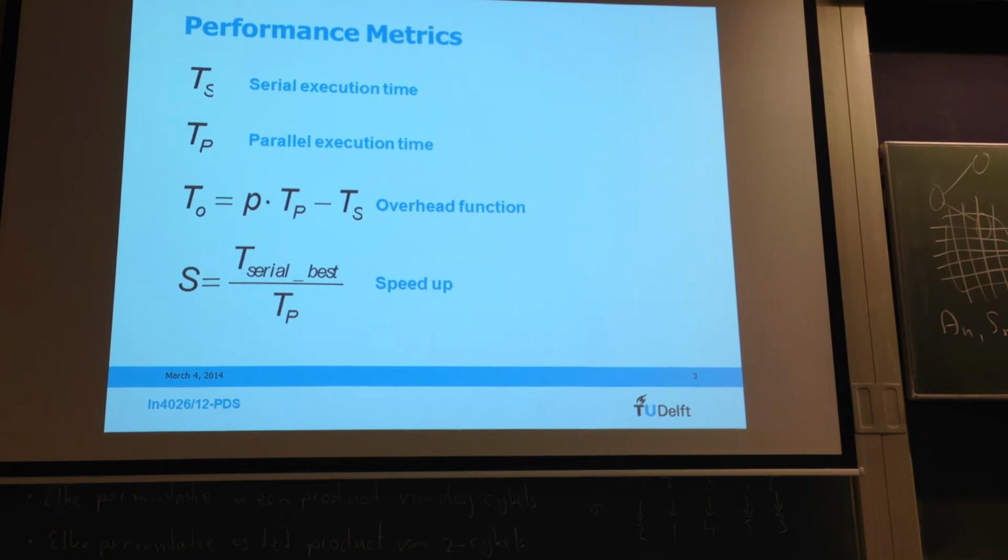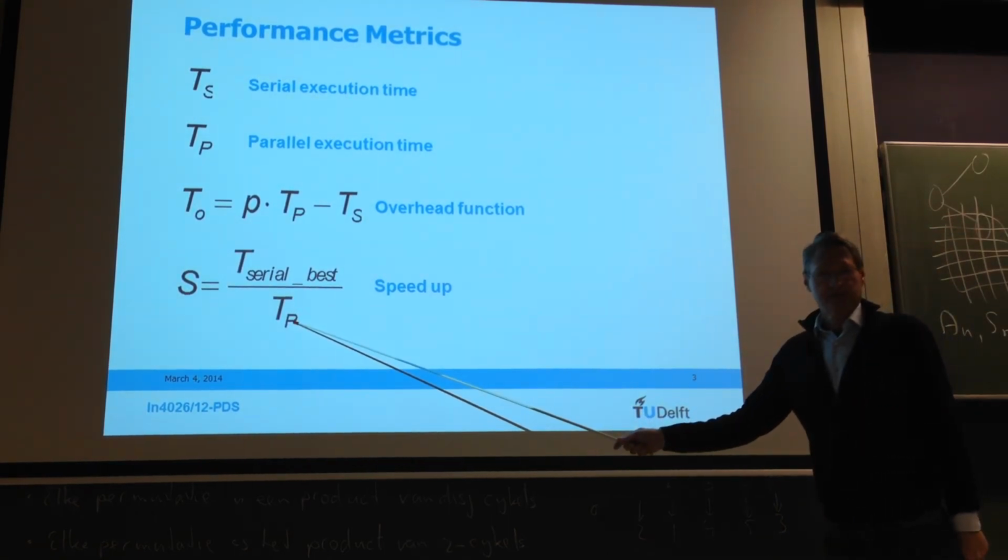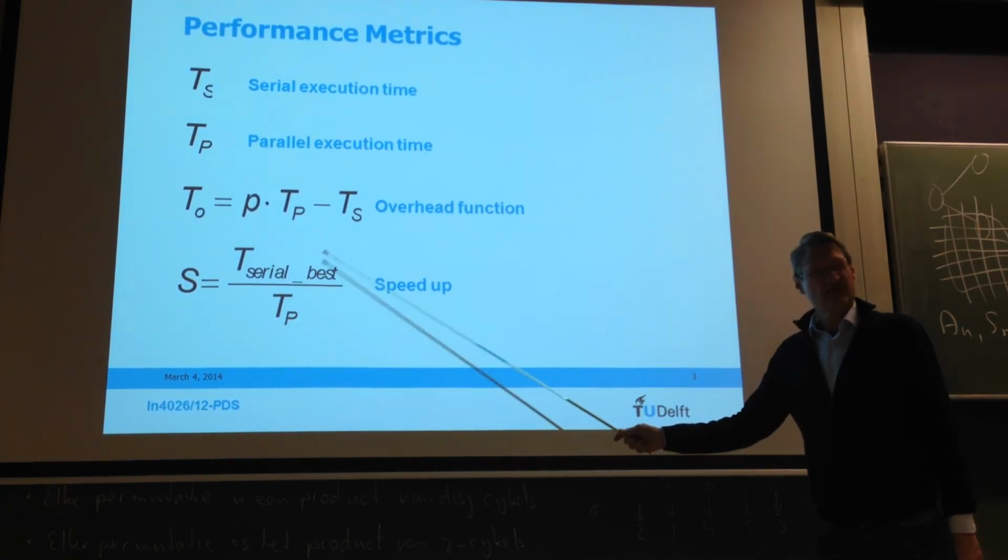I might have to change the algorithm a little bit, and then we're not talking about equivalent programs anymore. And we have to be careful about that, because of course I can also run a parallel program with P is 1, and that's not the same as serial best.